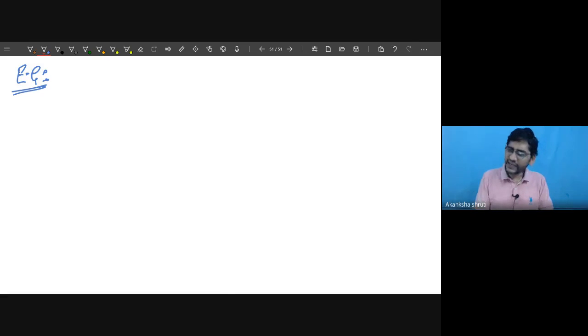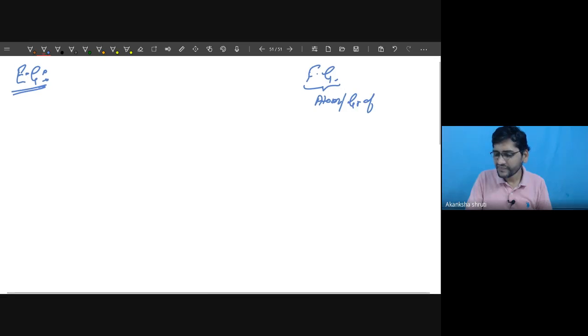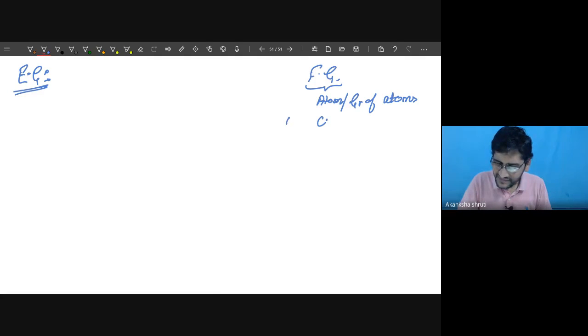Student, if you are asked, the functional group simply means the atom or group of atoms which decides or determines the characteristic of a compound.